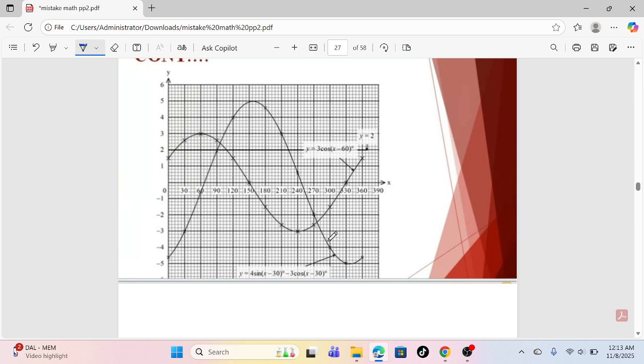Number 1, you must label your graph. For example, this is for y = 3 cos (x - 60). That's one thing. You must label your graph. Number two, trough and crest. The crest and trough are curves, not straight lines. So in case your graph took a straight line, you have to look for a way of making it curved.